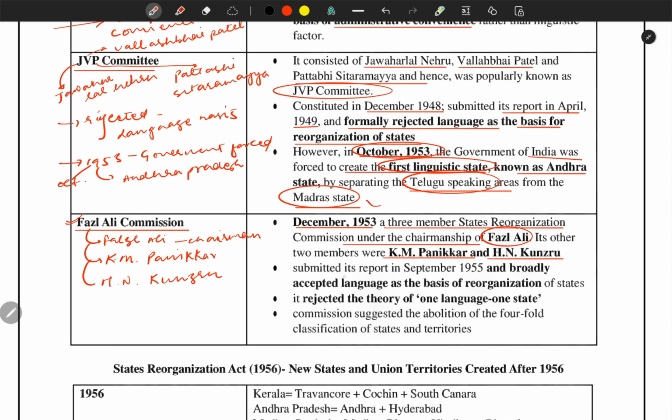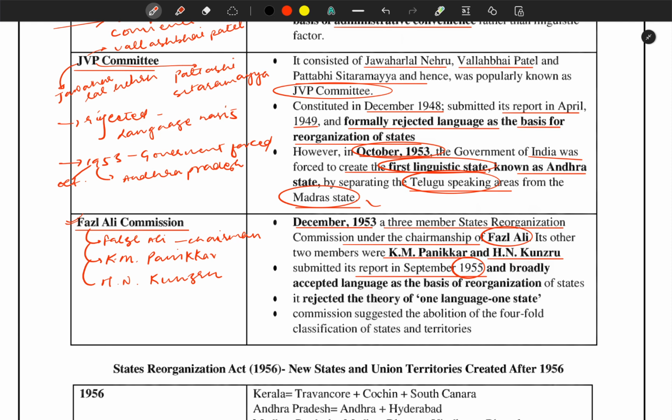This Fazal Ali Commission submitted its report in September 1955. It was formed in December 1953 and submitted its report in September 1955, approximately 2 years later.